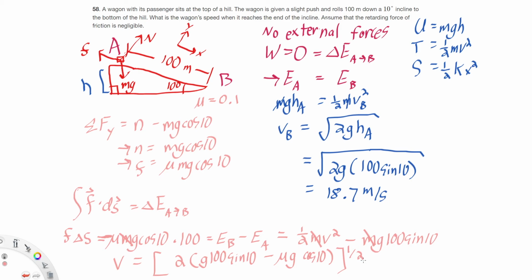Okay. So when we include friction, we only get a speed of about 13 meters a second.